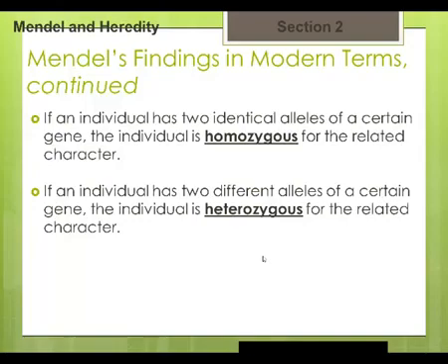However, it would be homozygous recessive because it has two recessive alleles. If an individual has two different alleles for a certain gene, the individual is considered heterozygous. So an example of that would be uppercase Y, lowercase y.